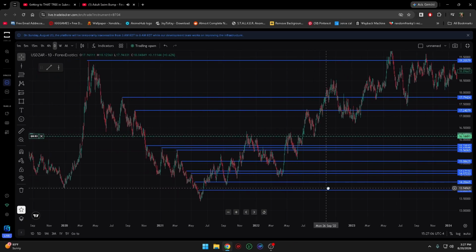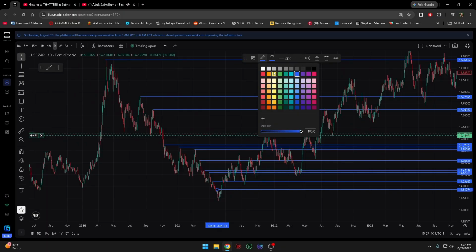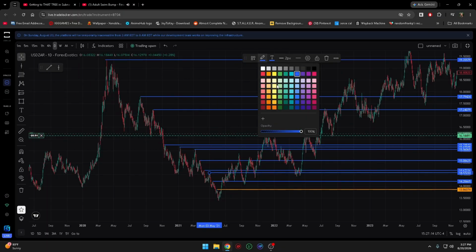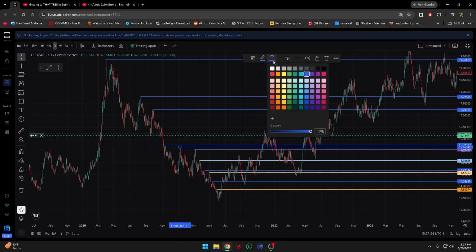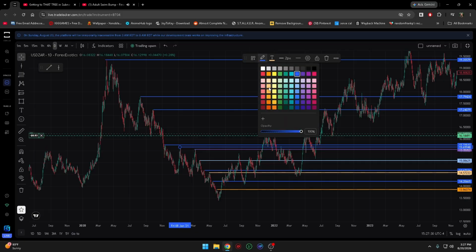Now we come here to look at these, right? I'll make these different colors so we don't get confused. I like how I picked dang near the same color. Okay, that's cool.